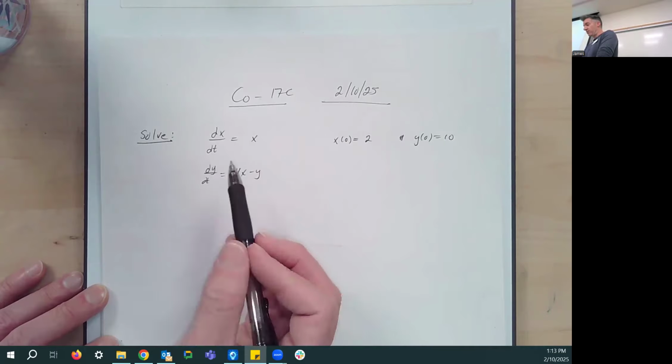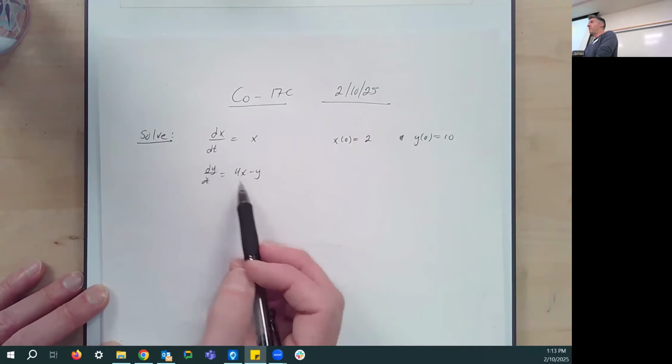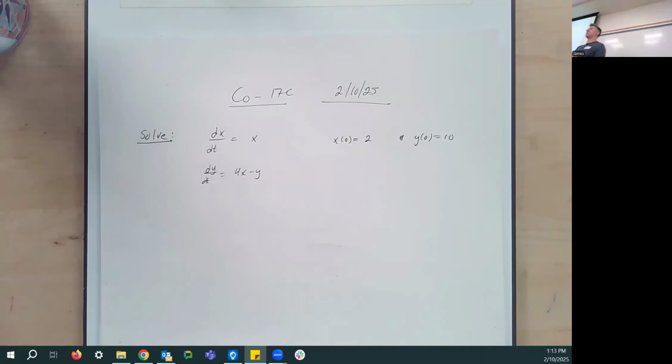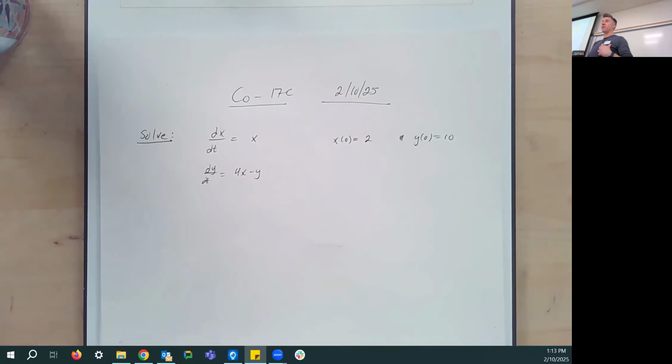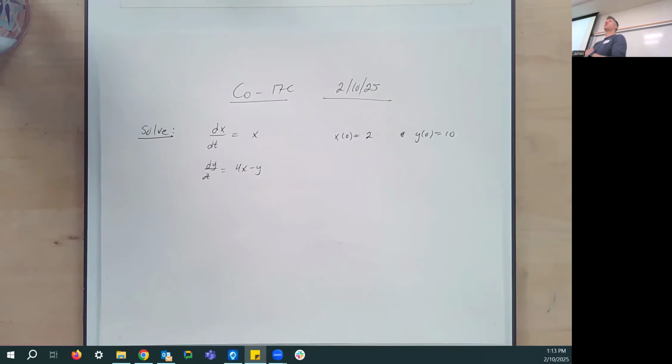But specifically, x isn't harming y here. If you think about growth, as your population is increasing, it's thought of as positive. You want to be not harmed by growing. So that's kind of the idea here. Again, as far as I'm concerned, the biology is not that important. It's all about the math. So let's solve this system.